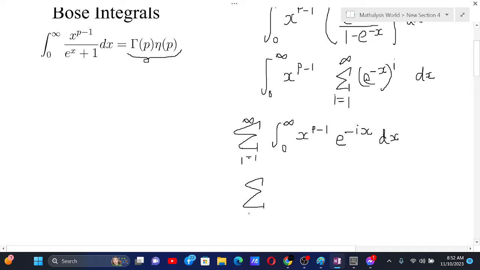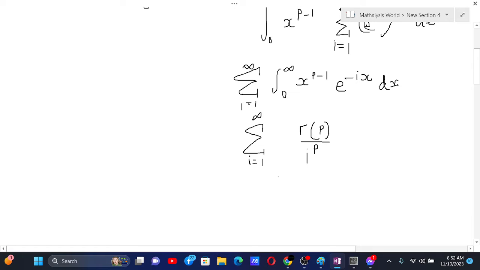The result for this will be gamma p by i to the power p. And now to sum this, gamma p is just a constant, we can take it out, and we will have the sum from i equals 1 to infinity of 1 by i to the power p, which is just the zeta function of p, and this solves the integral.